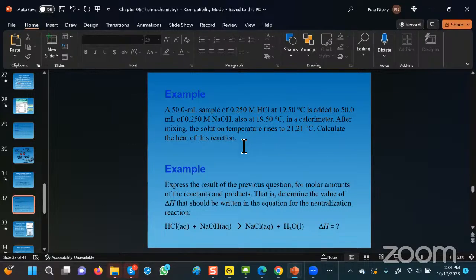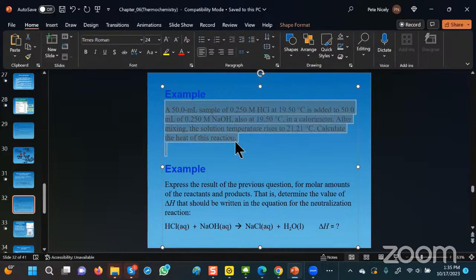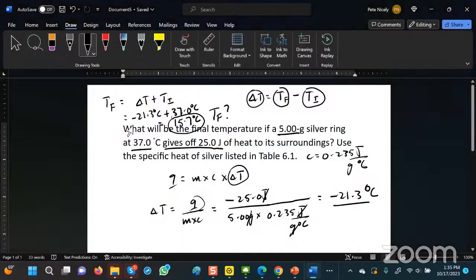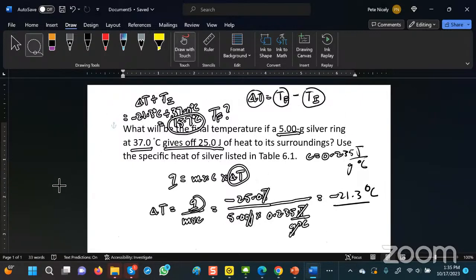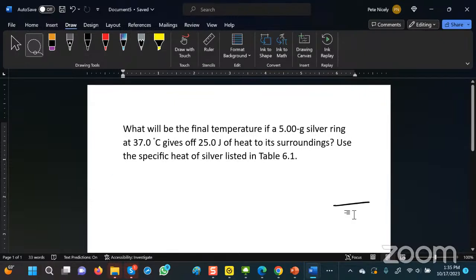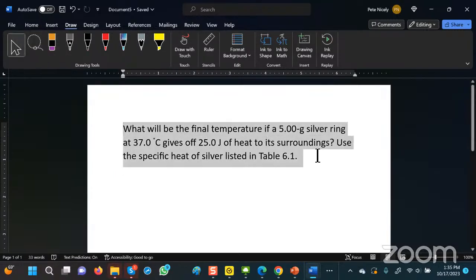So let's see here. How do we find Q? Let me copy this first and paste it onto the Word document here.